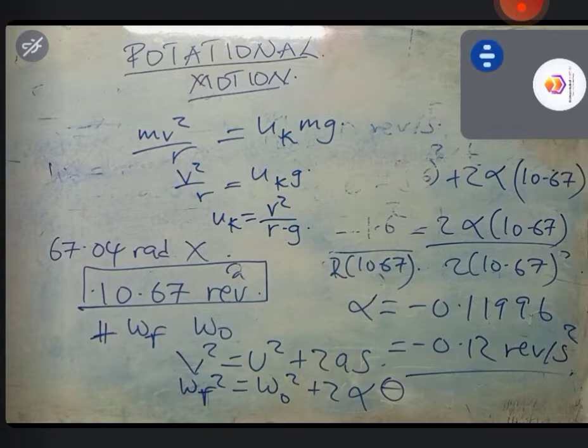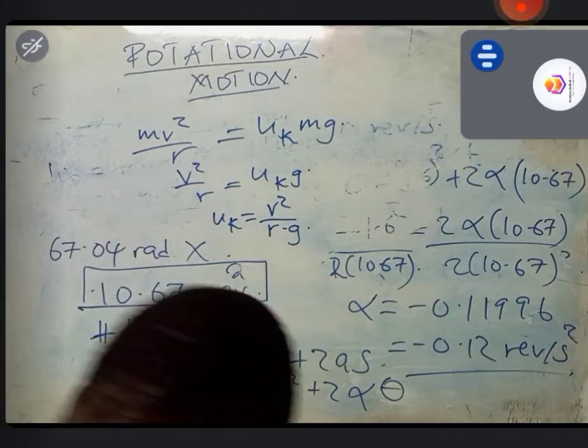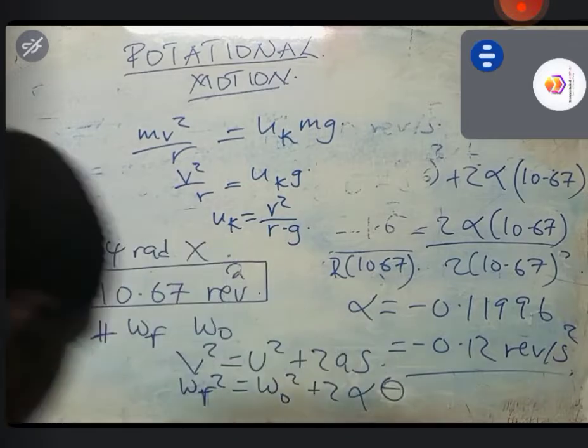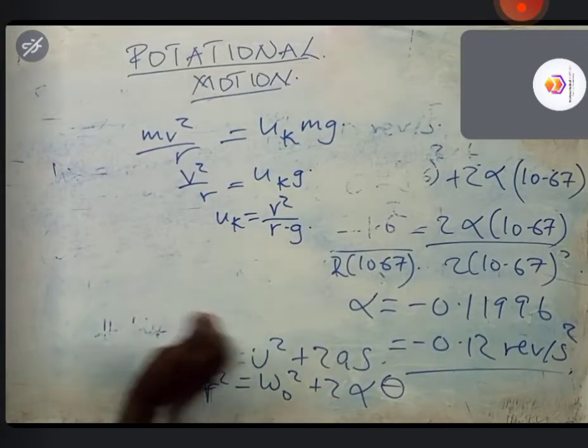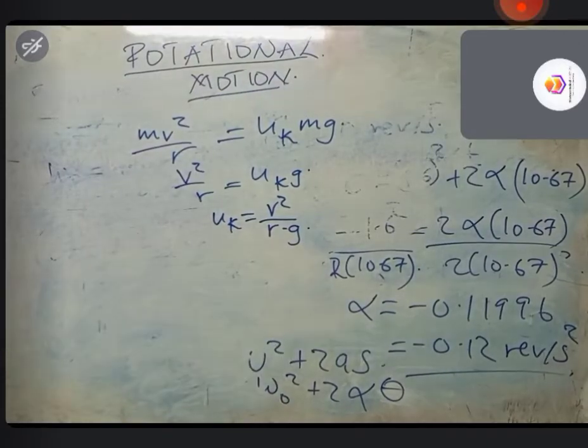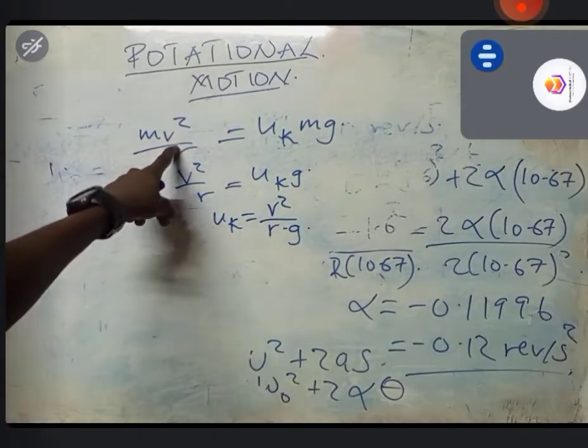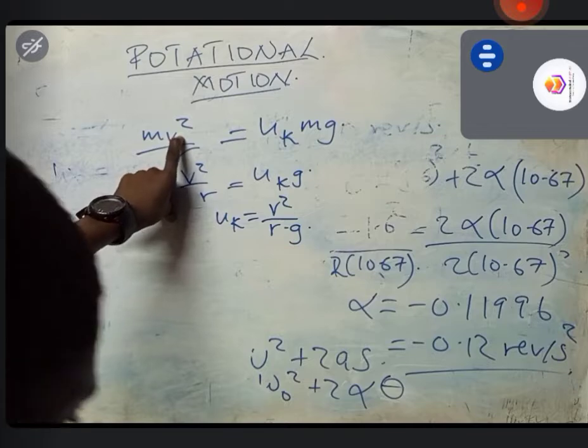Just like I said, they can ask you to find the velocity if they've given you the coefficient of friction, or they can ask you to find the coefficient of friction when you are given the velocity, just like in this case. So be careful. That v there represents linear velocity, so there's no need to convert it.